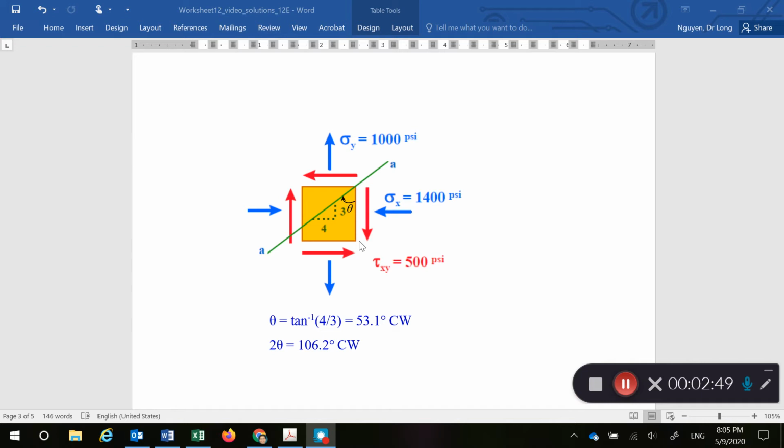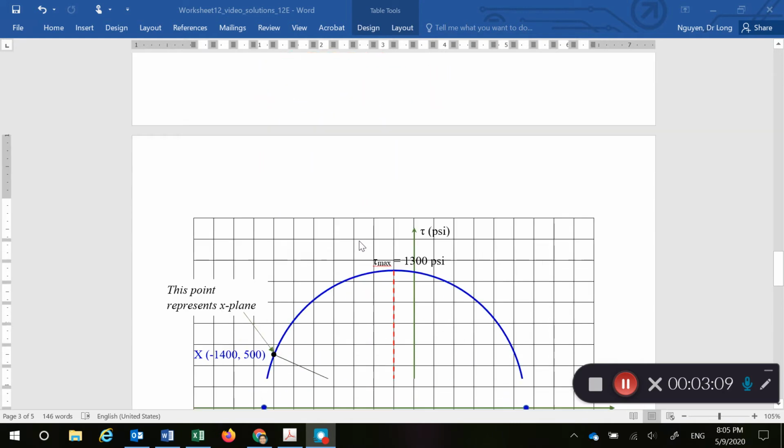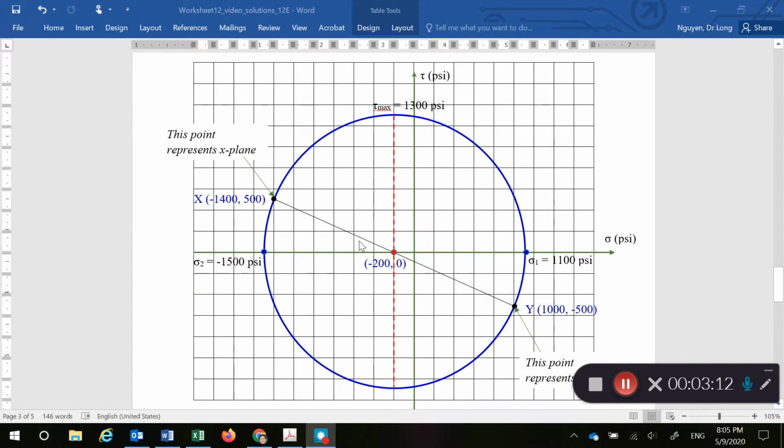With that, we already know how to draw the Mohr circle: find the center, sigma average, and 0 for the y, then find the radius, equal to tau max. That circle we already discussed in worksheet 12D, where we also determined which point represents the x-plane.